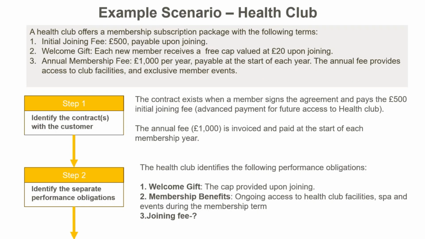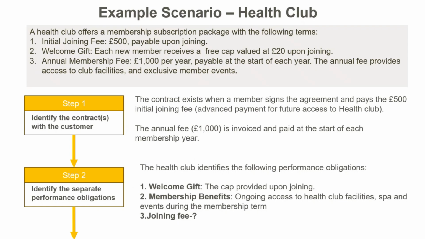They also get a welcome gift, so each new member receives a free cap valued at £20 upon join-in. And thirdly, the annual membership fee, which is £1,000 per year payable at the start of each year. The annual fee provides access to club facilities and exclusive member events.